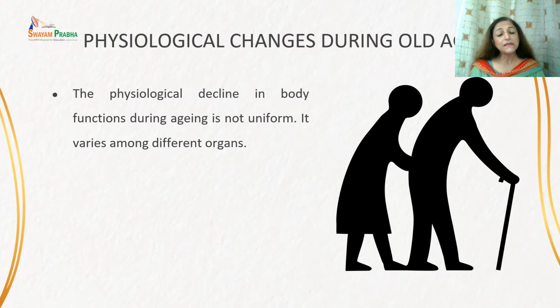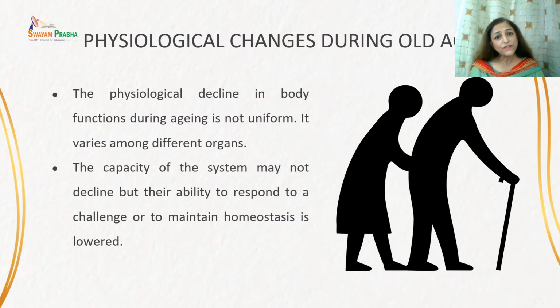That means it will vary among different organs of the body, and the capacity of the system may not decline, but the ability to respond to a challenge, say certain infections, or conditions where one part of the body is affected, will decline.